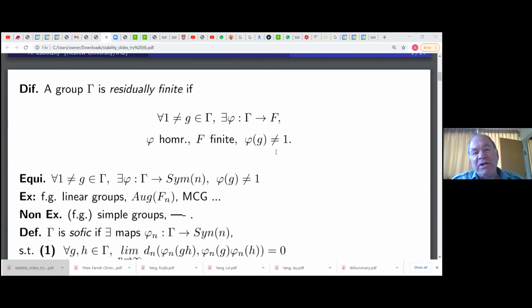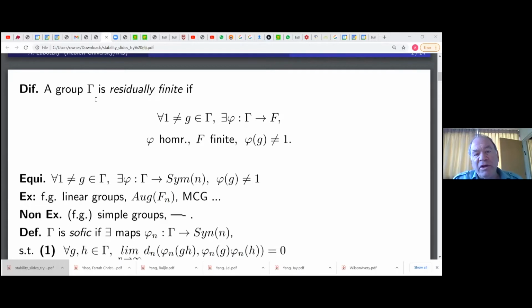Which means that the intersection of normal subgroups of finite index in gamma is trivial. Another way to think about it, that you can separate the points of the group gamma by finite images, which enables you to study gamma by sometimes reducing to problems about finite groups.